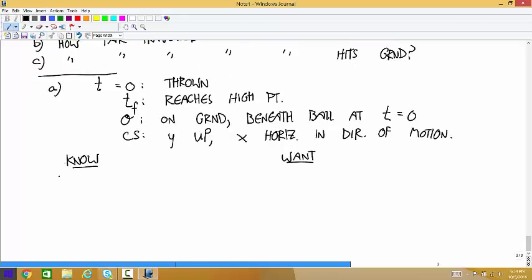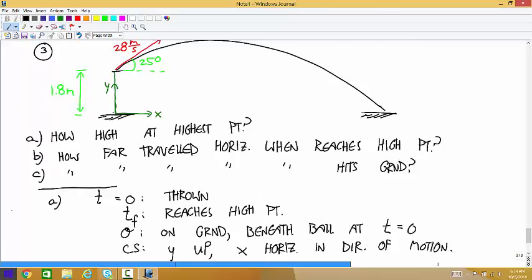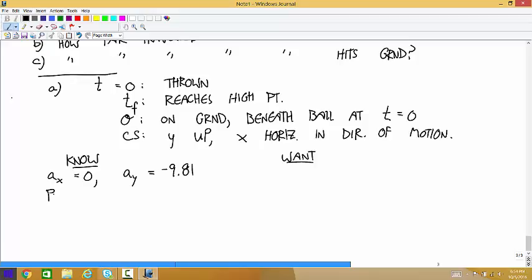We don't know time final. We know the acceleration. The initial position is 0 x, 1.8 y. PF, we're trying to find PFY.